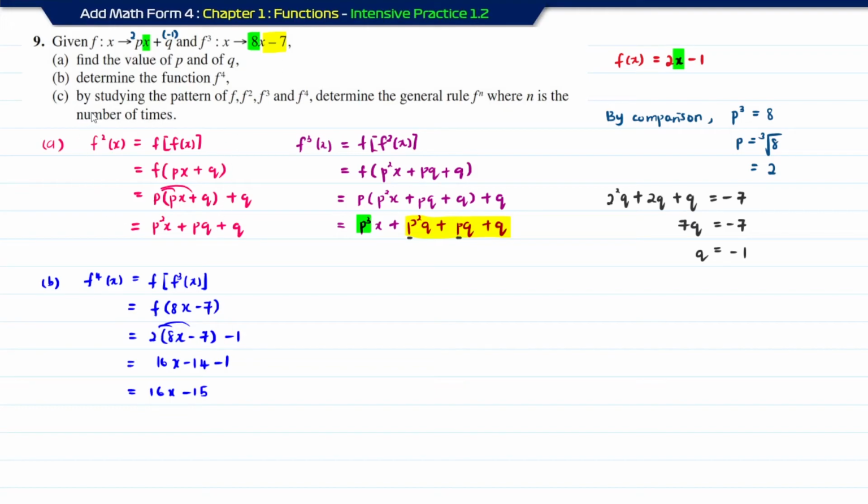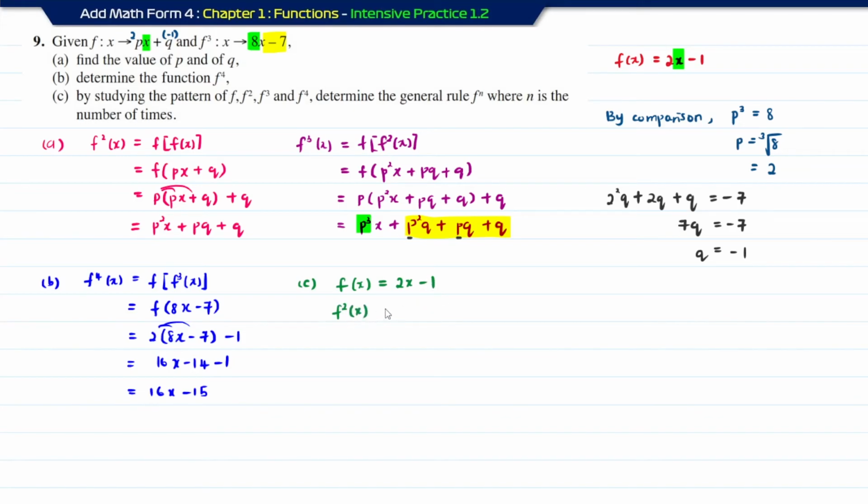Part C: by studying the patterns of f squared, f cubed, and f4, determine the general rule fn, where n is the number of times. So for part C here, I'm going to write all of the functions here for us to see the patterns easily. So f(x), after you insert the p, 2, q, -1 into it, you're going to have 2x minus 1.